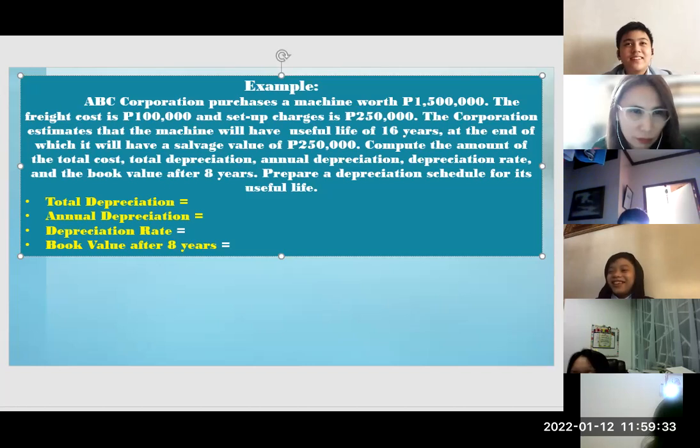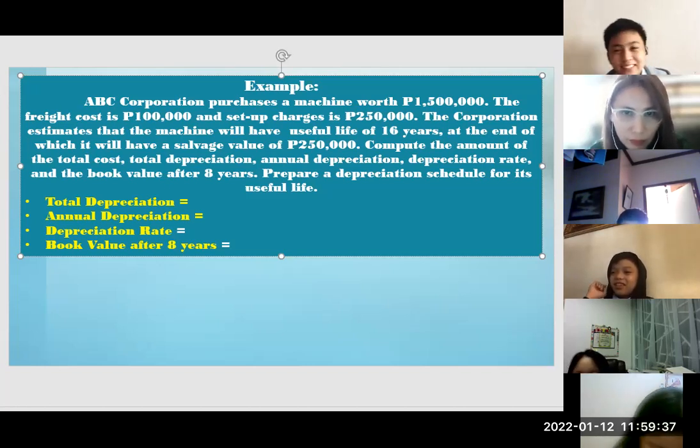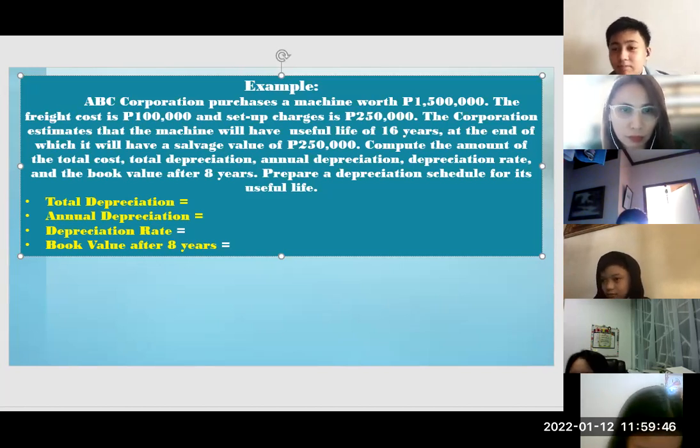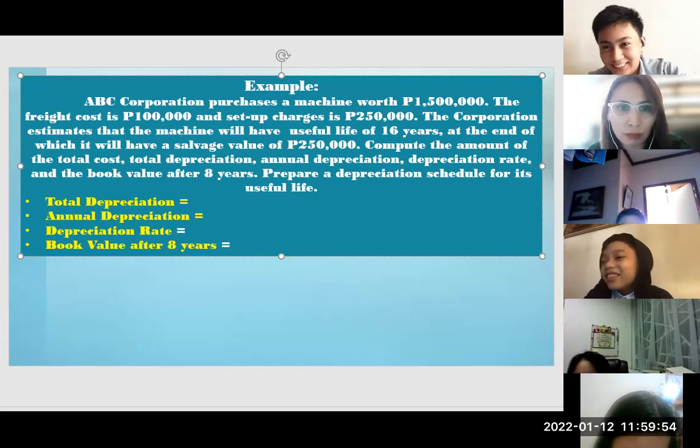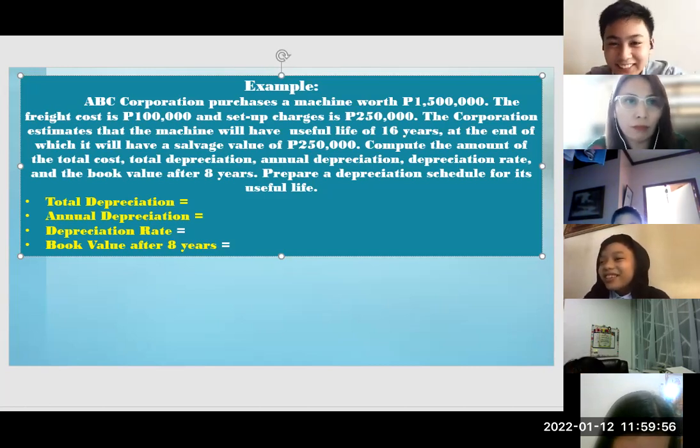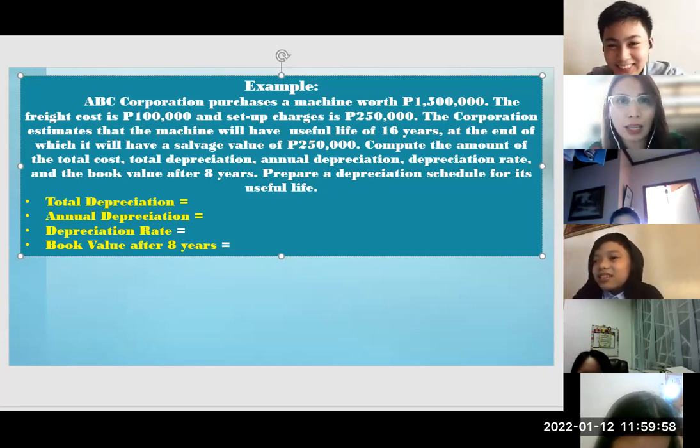The corporation estimates that the machine will have a useful life of 16 years, at the end of which it will have a salvage value of 250,000. Compute the amount of the total cost, total depreciation, annual depreciation rate, and the book value after 8 years. Prepare depreciation schedule for its useful life. Okay, thank you, Miel.